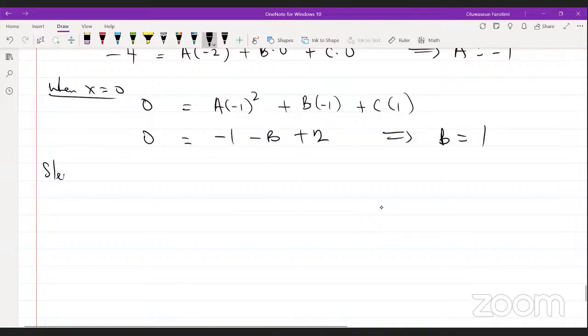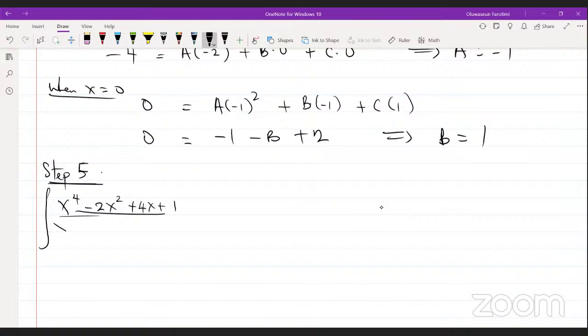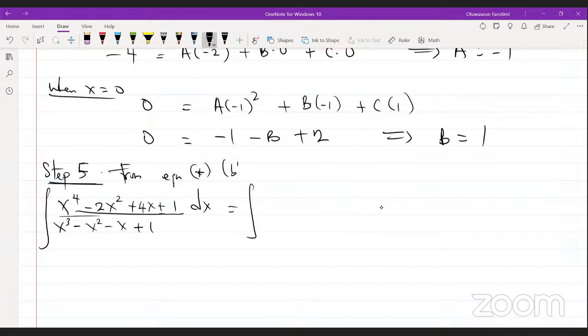What about step 5? In step 5, we have to put things together. Now plug in your constants. The integrand is x cubed over (x + 1)(x - 1) squared dx. Remember, this is back to equation star, the blue box.